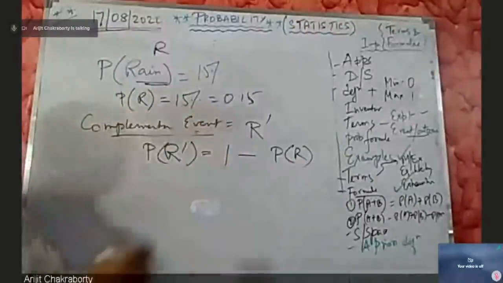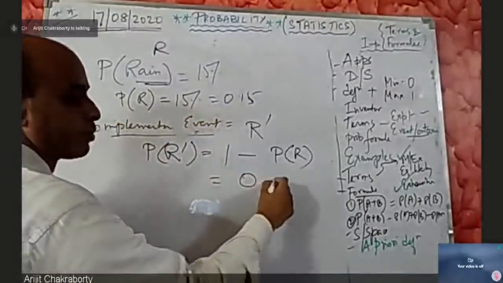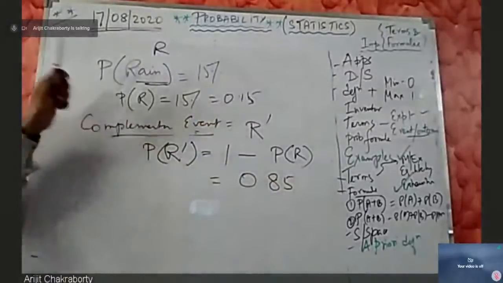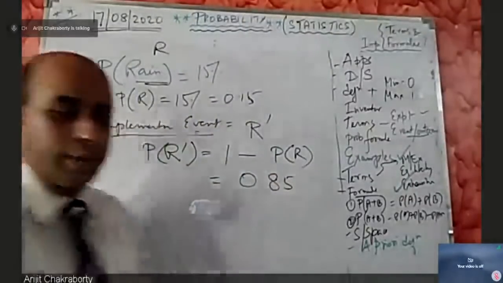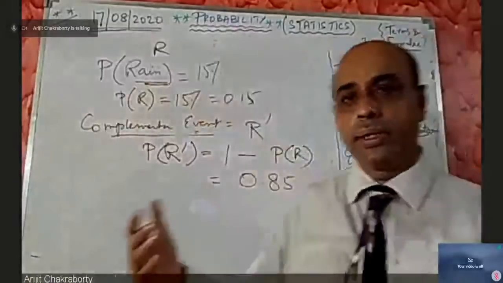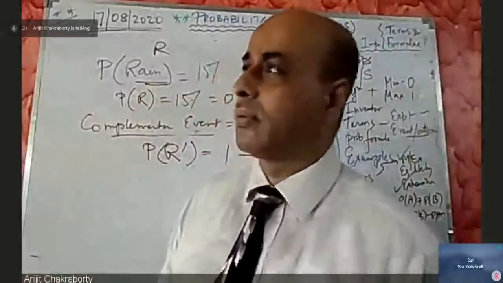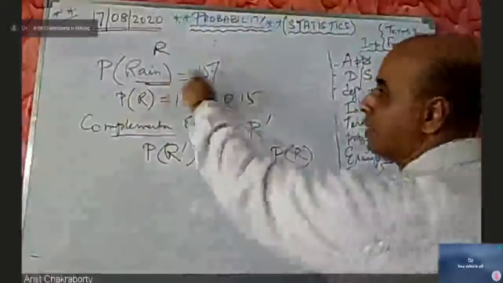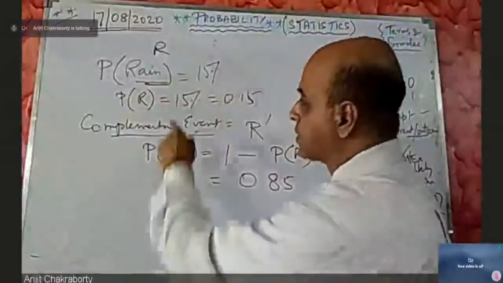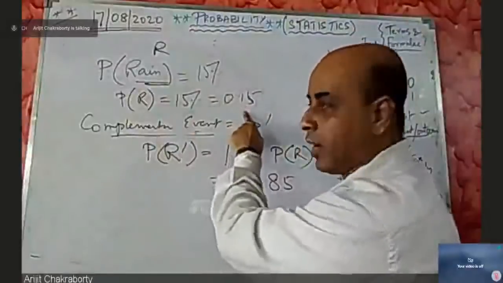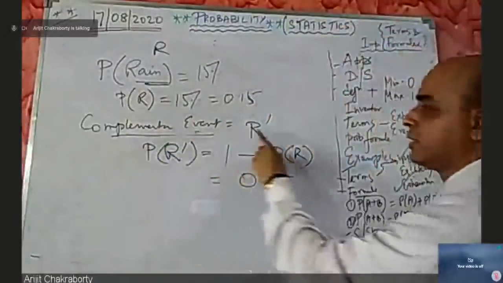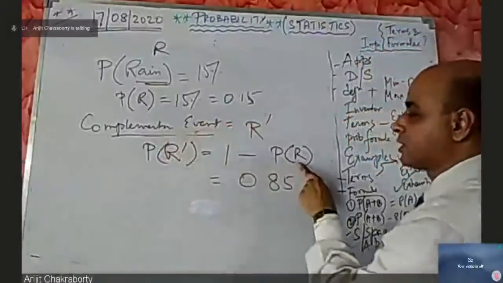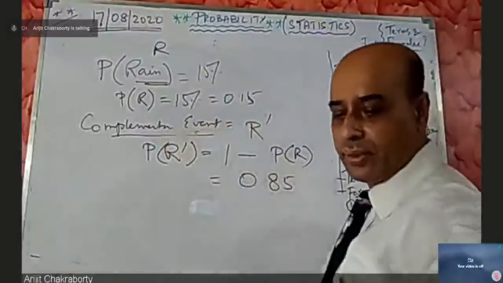P(R) is 15%, so the complementary event probability is 0.85. Please see once again, I have taken the chance of rain today. Here in Kolkata today it's reasonably sunny, so I have taken a low probability of rain, 15%, 0.15. The complementary event, based on this probability, comes to 1 minus P(R), that is 0.85.